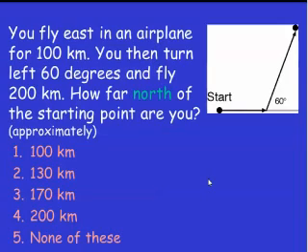So this one says you fly east in an airplane for 100 kilometers. You then turn left 60 degrees, so that means you're up 60 degrees north of east, and you fly 200 kilometers. How far north of the starting point are you? So you can pause the video and see if you can give me an answer to that.